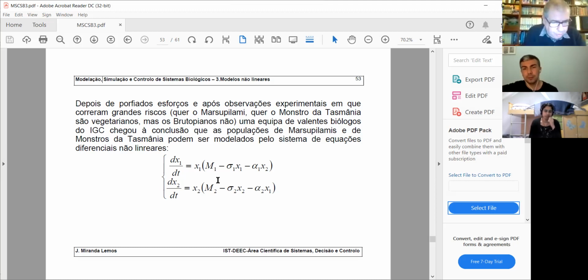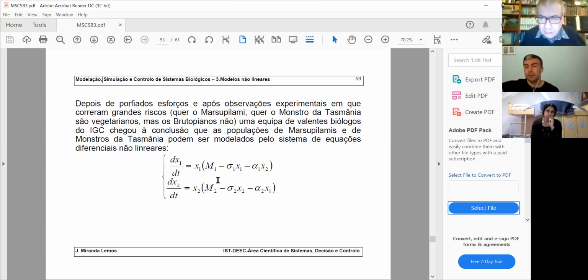Now, they said to the minister, okay, that's very nice. But probably they cannot coexist. I mean, one species will eventually grow, but then the other goes to 0, and the first predominates and survives.